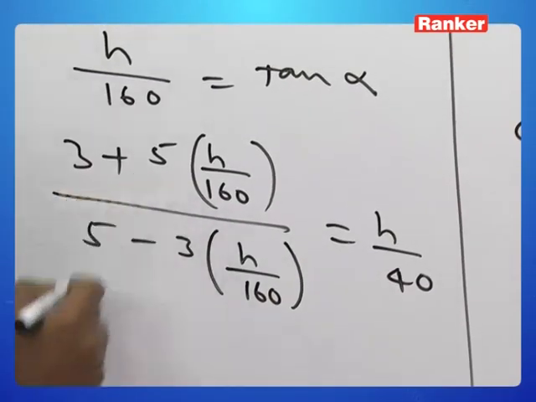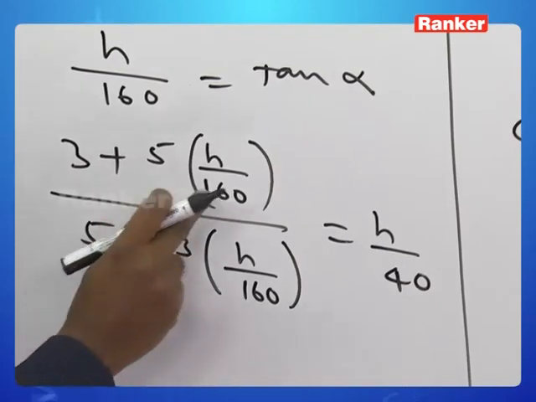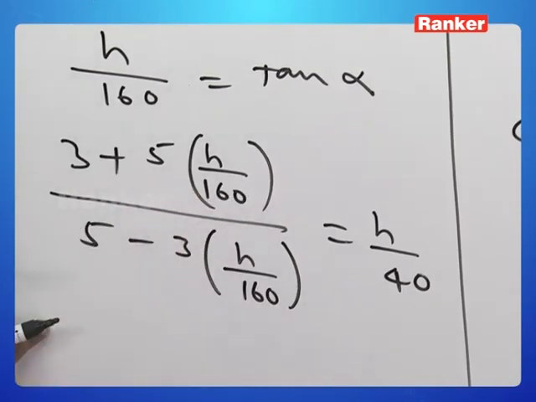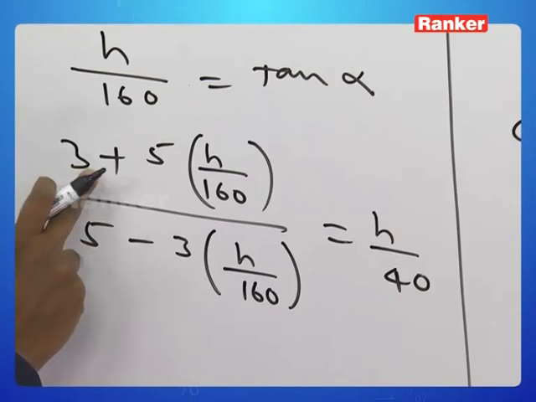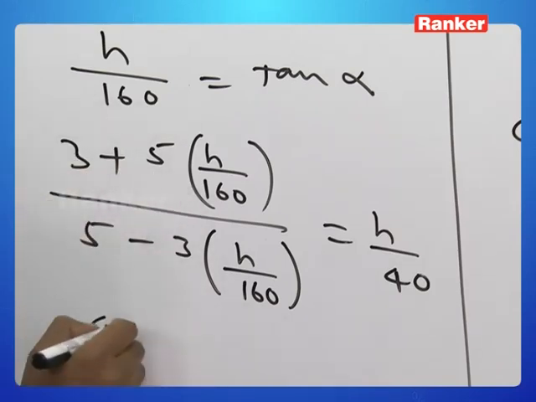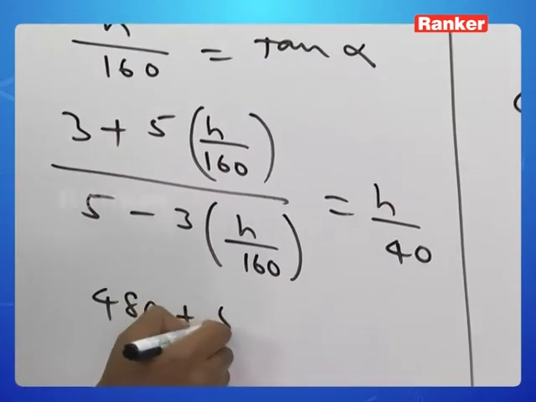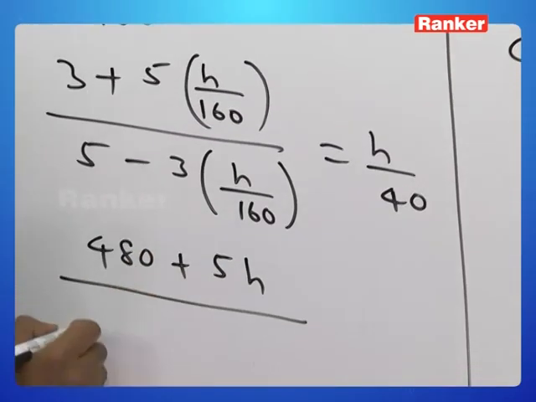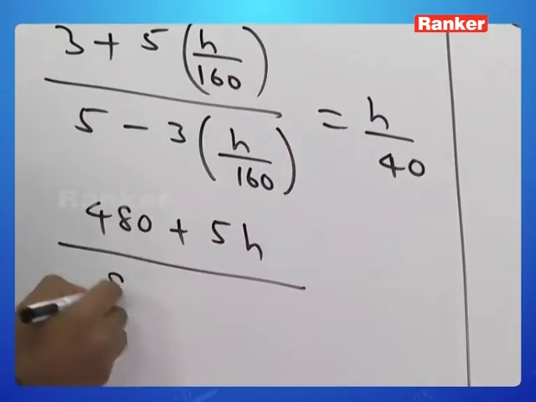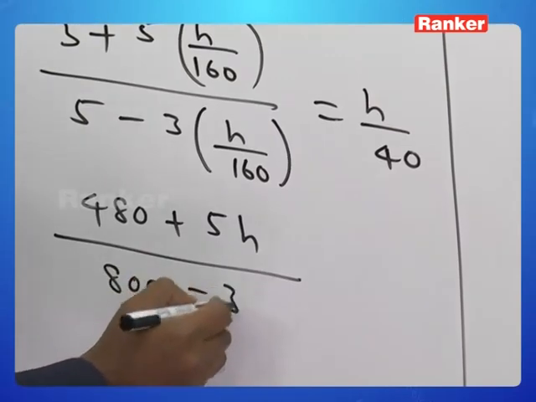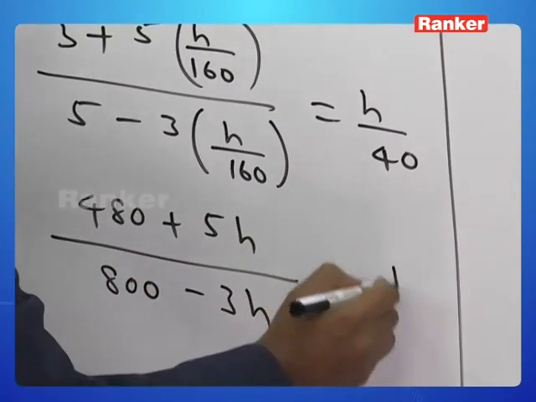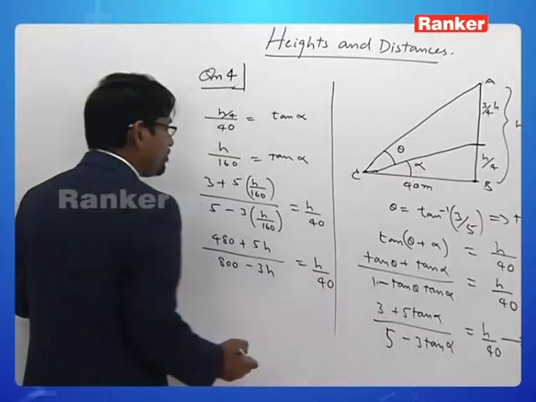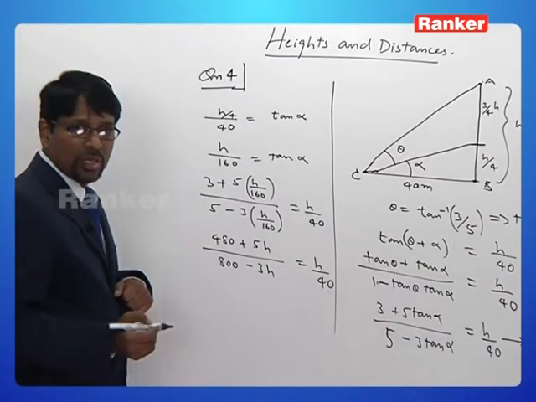Okay. So that makes it 3 into 160, 480 plus 5h divided by 5 into 160, 800 minus 3h is equal to h by 40.